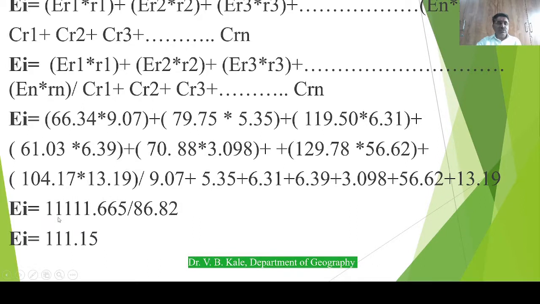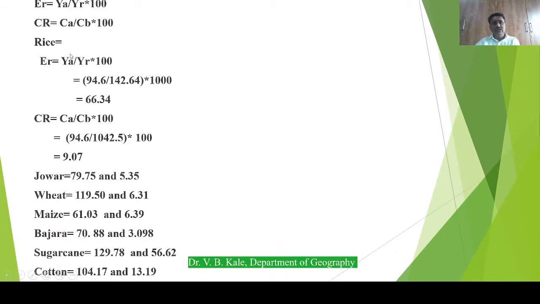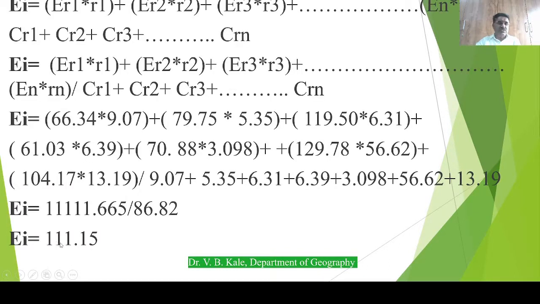EI is equal to 11,111.66 divided by 86.82. If we do the calculation, then EI is equal to 111.15. This is about Maharashtra. We are just calculating the efficiency of Maharashtra. This is the agricultural efficiency of Maharashtra, that is 111.15.